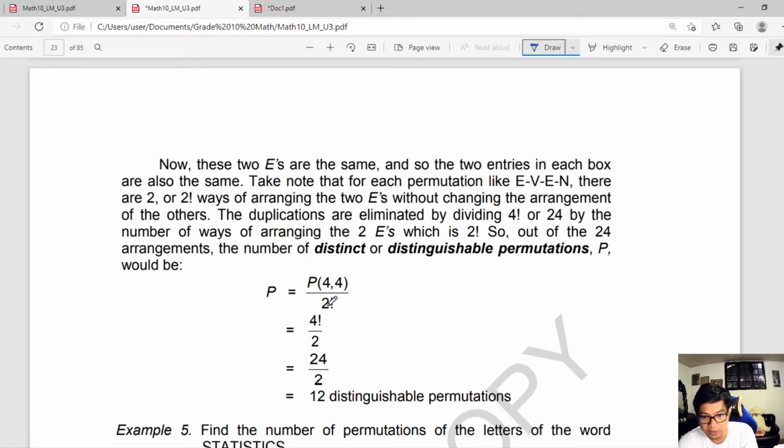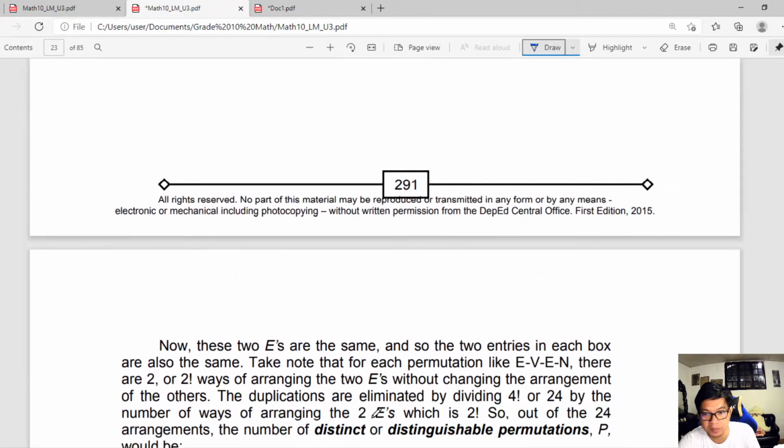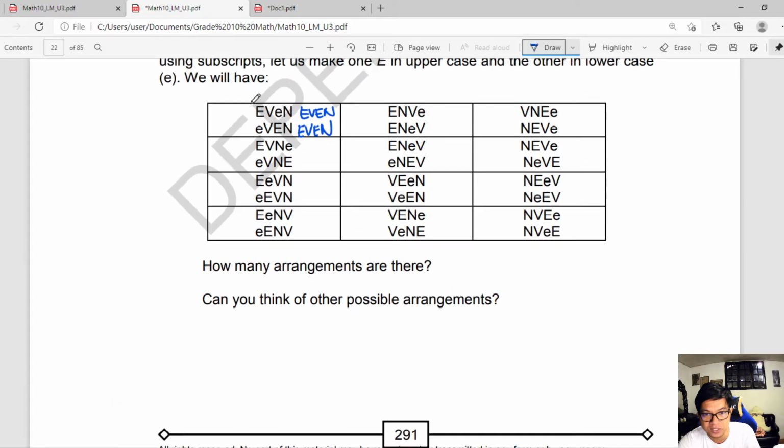So, 4 factorial divided by 2 is 24 divided by 2, which is 12 distinguishable permutations. Balikan natin yung given. So, there are 1, 2, 3, 4, 5, 6, 7, 8, 9, 10, 11, 12. So, there are 12 distinguishable permutations.